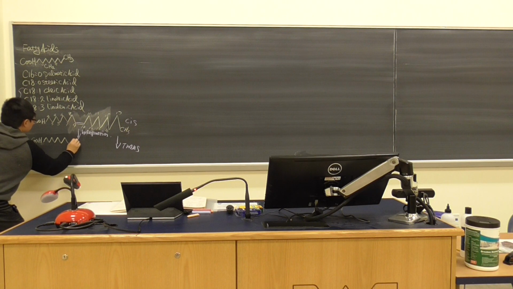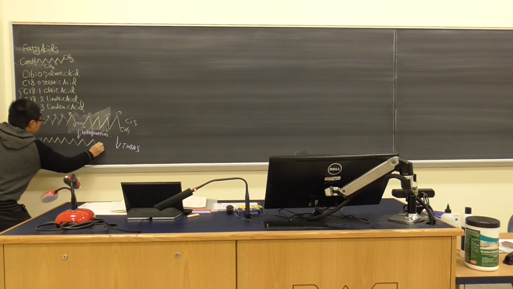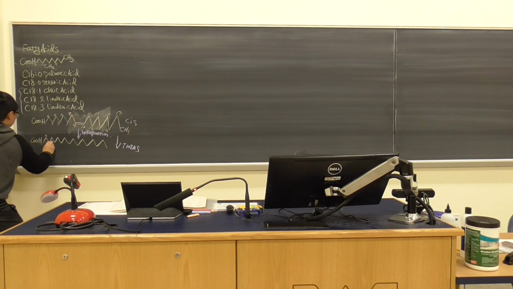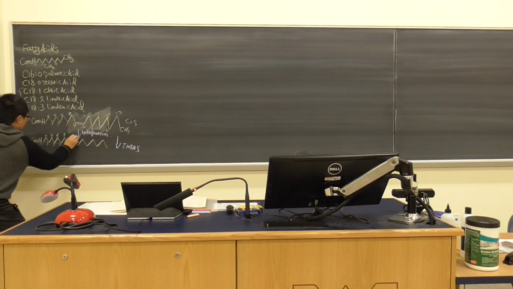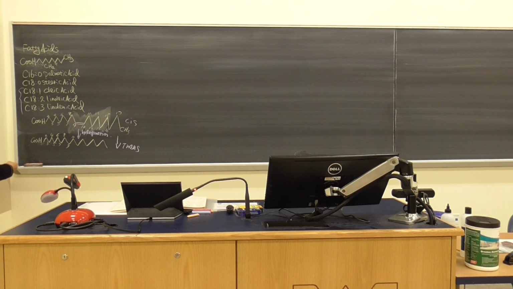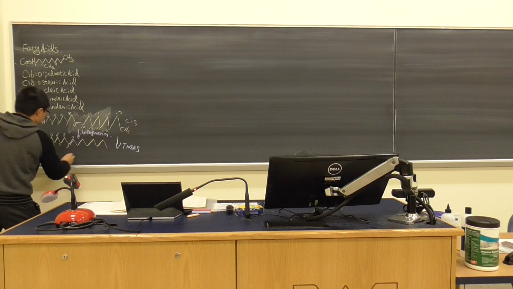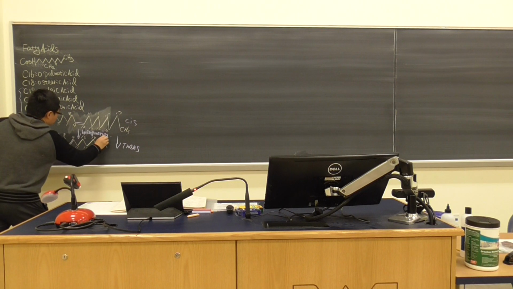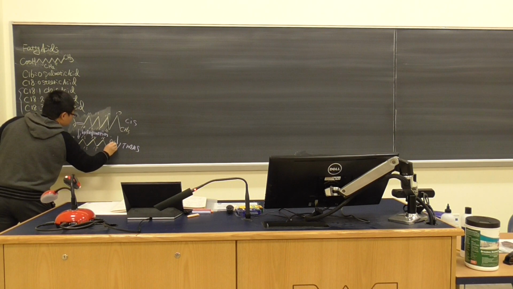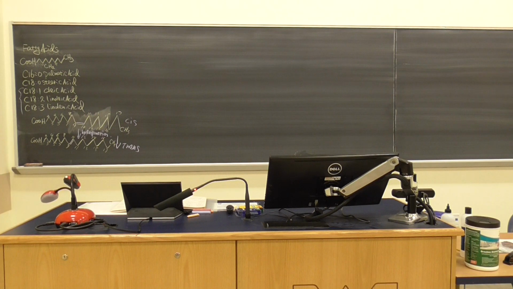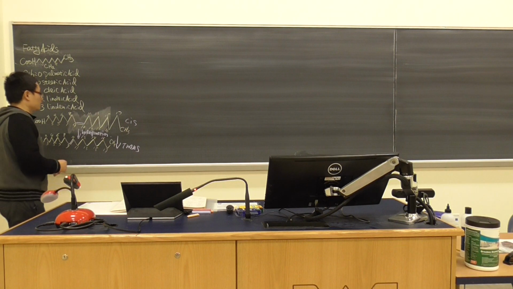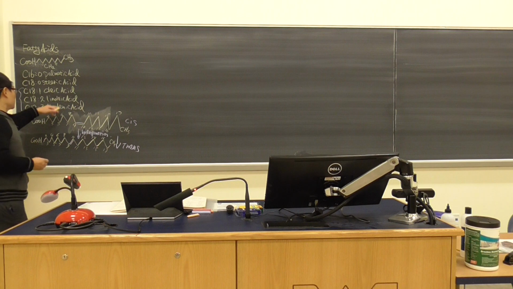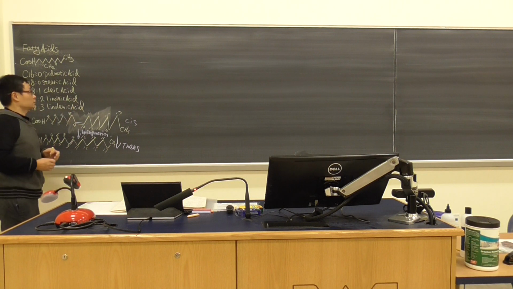We count 2, 3, 4, 5, 6, 7, 8, 9, 10. Where does the bond go? The bond goes here. Then we have 11, 12, 13, 14, 15, 16, 17, and finally 18. That's from cis to trans. That's oleic acid. You can figure out the structure later on, because we're going to mention it.